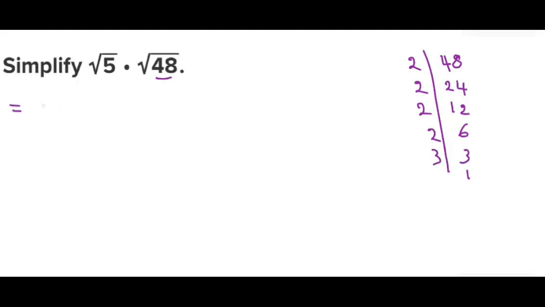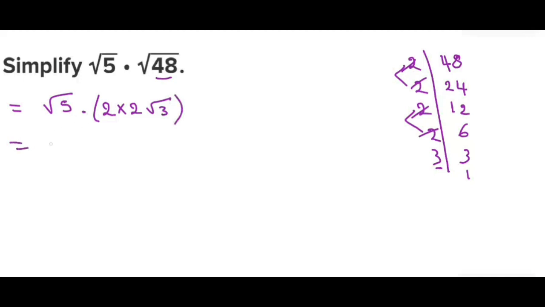So here this will be square root 5. I will write it as it is, and the square root 48 will be that from each two equal factors I'll take one, cross them, and from each another two factors, cross them and take another 2, and what remains inside the square root is just square root 3.